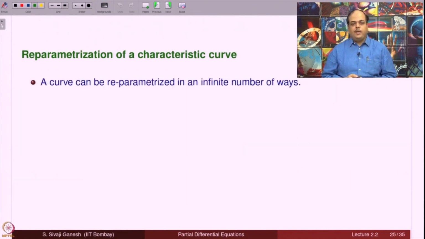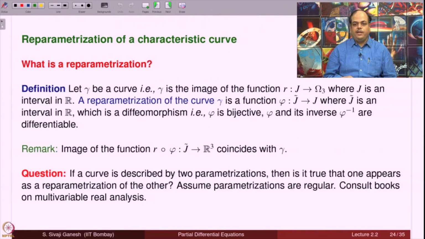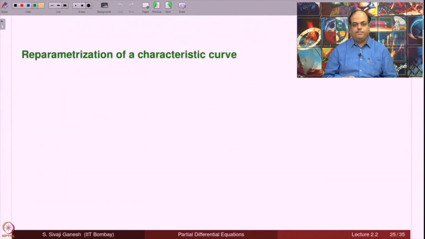Now we are interested in reparameterization of a characteristic curve. So a curve can be parameterized in an infinite number of ways simply because for the function phi from J tilde to J, you can take any open interval J tilde, and you can always find a diffeomorphism between J tilde and J. So therefore parameterizations are infinitely many.